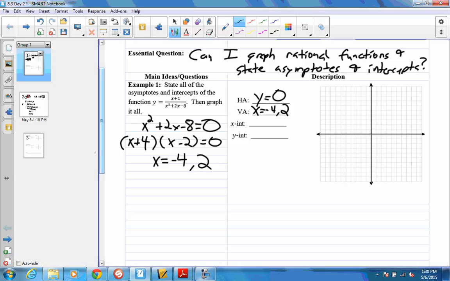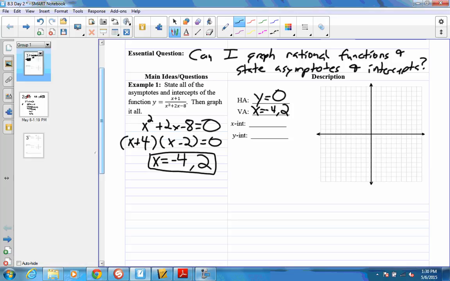So x-intercepts, how do I find them, friends? The numerator, set equal to 0. I'm going to box this because it's sort of an answer, right? I'm going to do the same thing I did here on the numerator up top in order to find my x-intercepts.